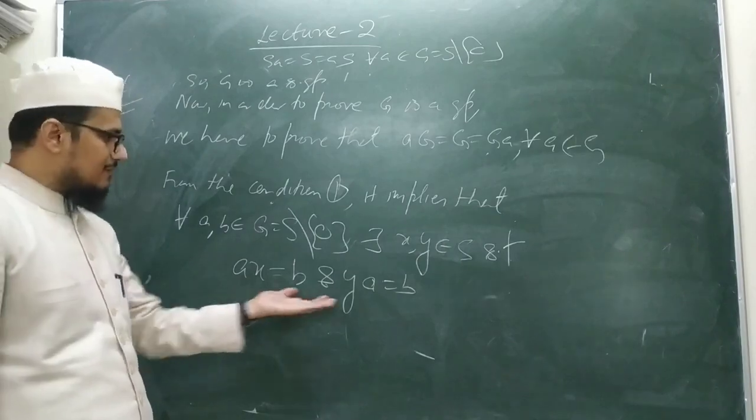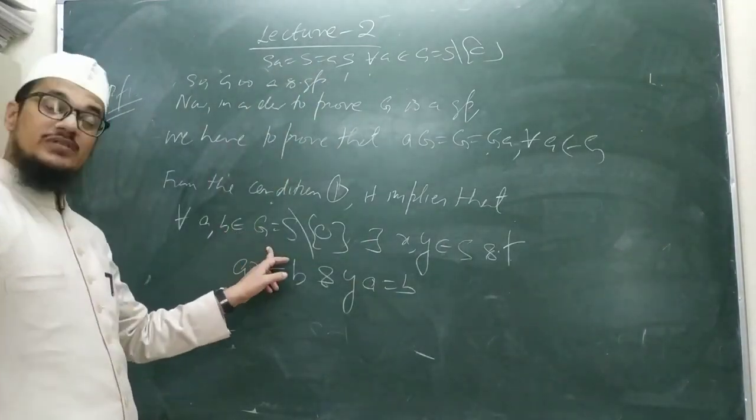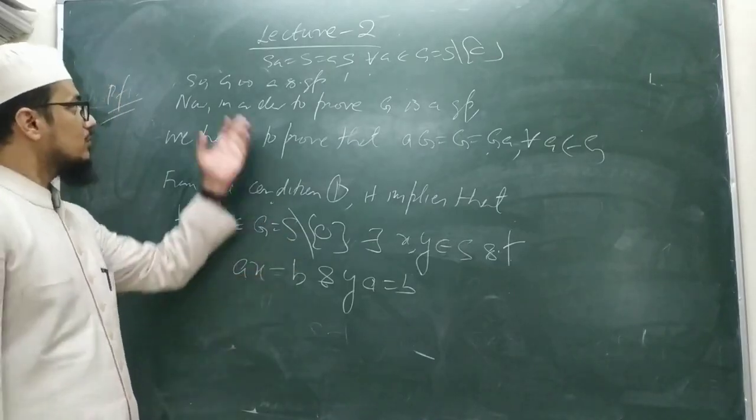X is equal to B and Y is equal to B. A and B are the members of G here, S minus 0.